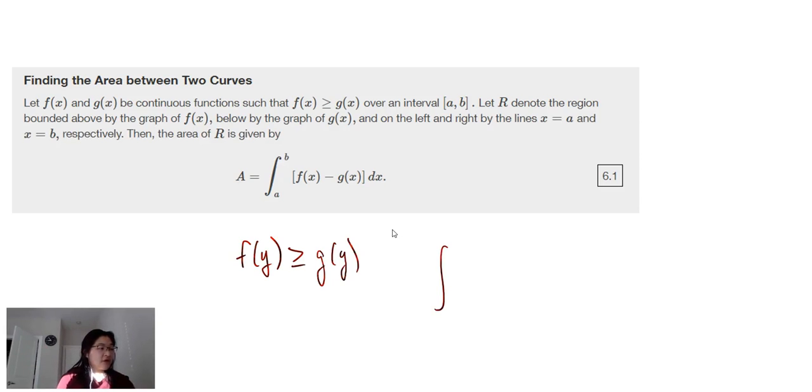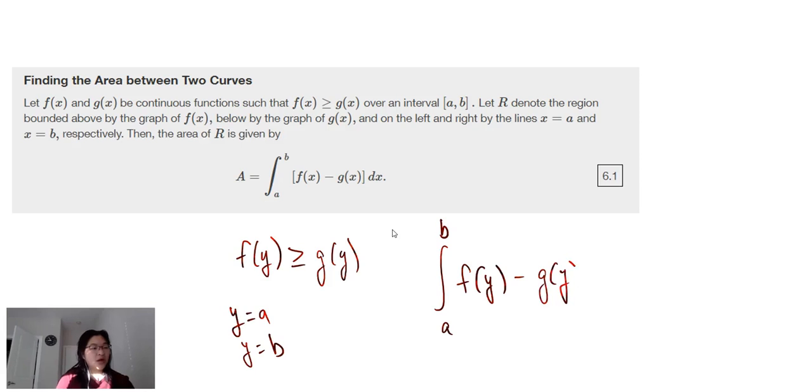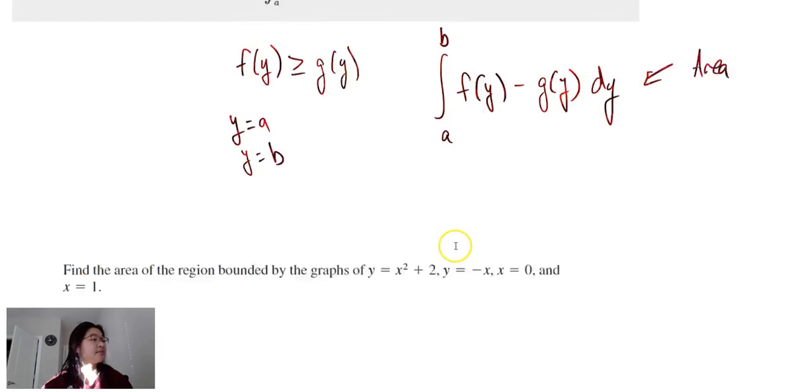And then we have bounded by y equals a and y equals b. We have our definite integral where we have f of y minus g of y as our integrand, and we're doing this all with respect to y. And so that's going to give us the area as well if we're looking in the horizontal direction.